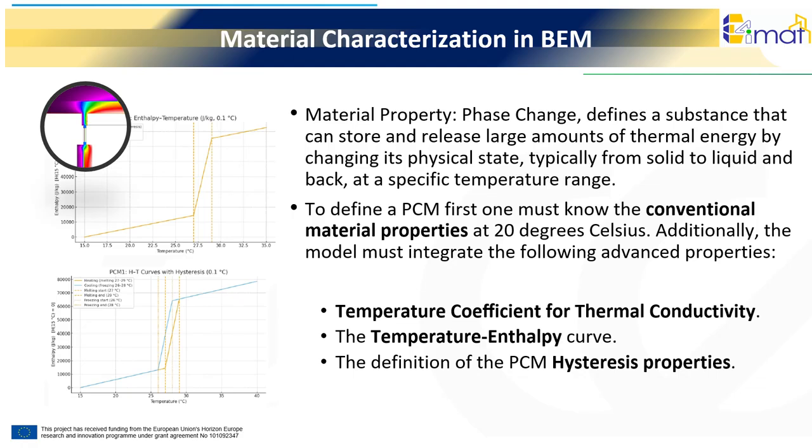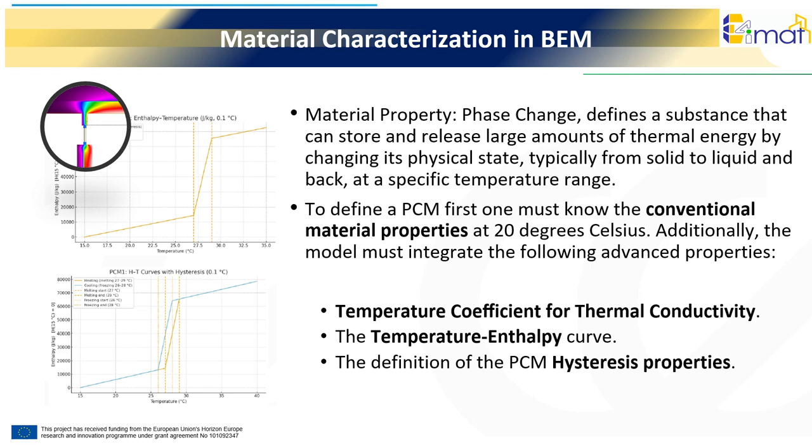In buildings, they can be integrated into walls, ceilings, floors, or encapsulated in products like prefabricated panels. PCMs help to improve overall building energy performance by enhancing thermal mass, stabilizing indoor temperatures, reducing peak loads, and improving energy efficiency by absorbing excess heat during warm periods and releasing it when temperatures drop.